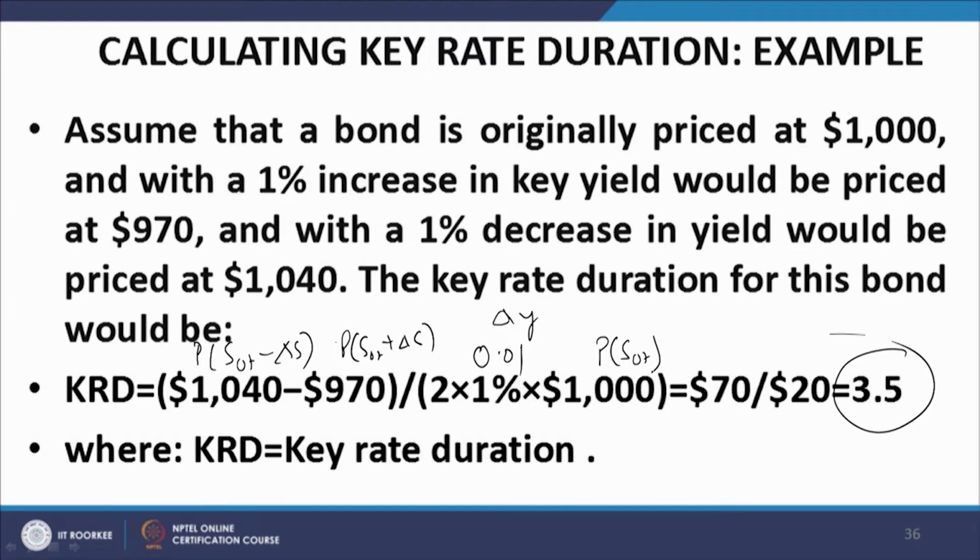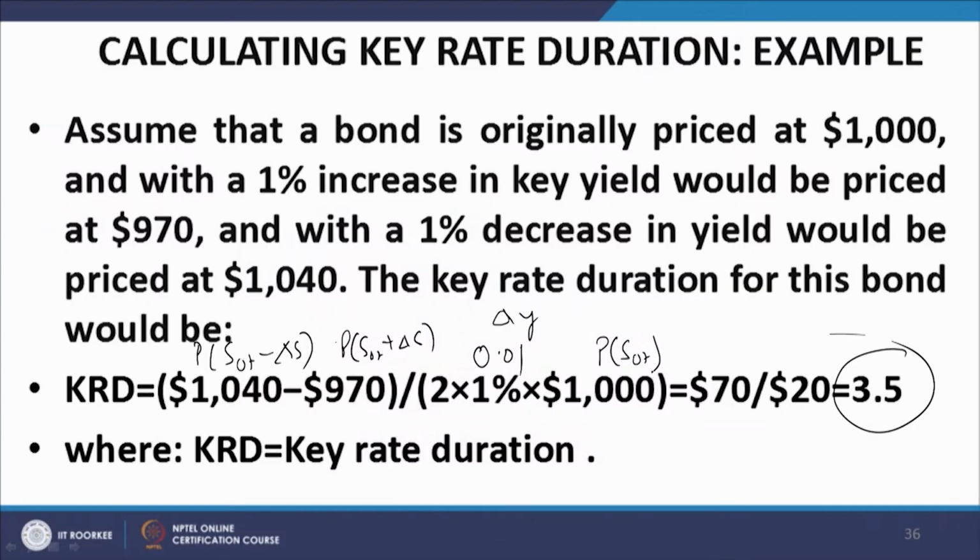In other words, this is the duration with respect to the specific rate, not specified in the example, which we call S0t. So, this is the key rate duration with respect to the interest rate S0t.